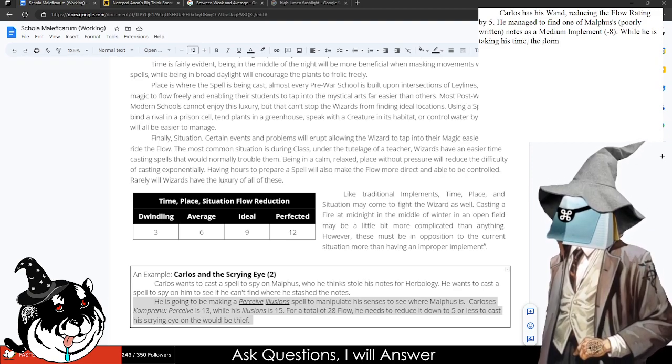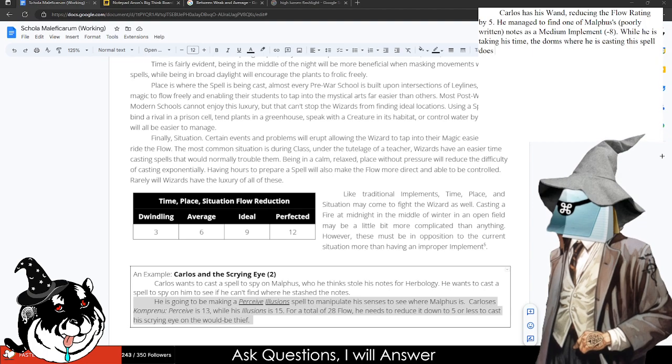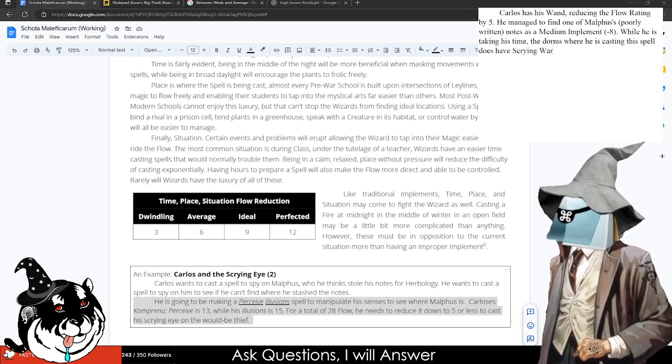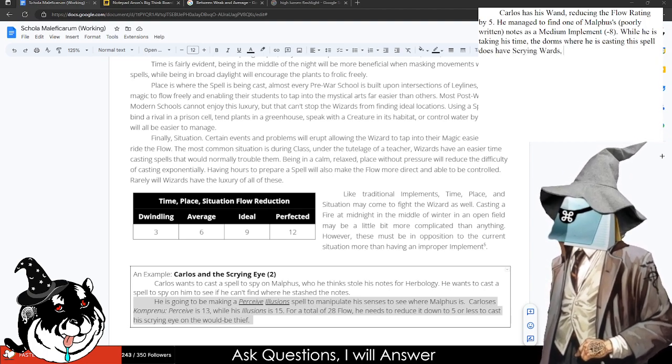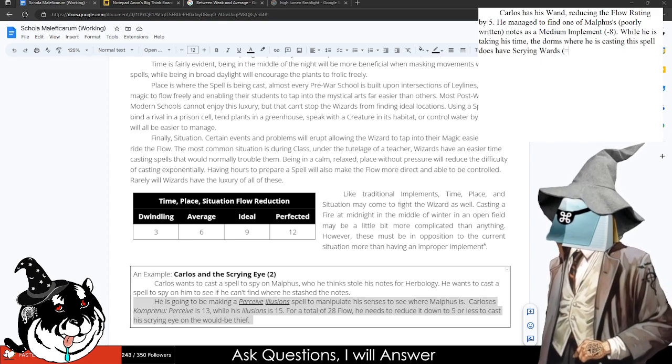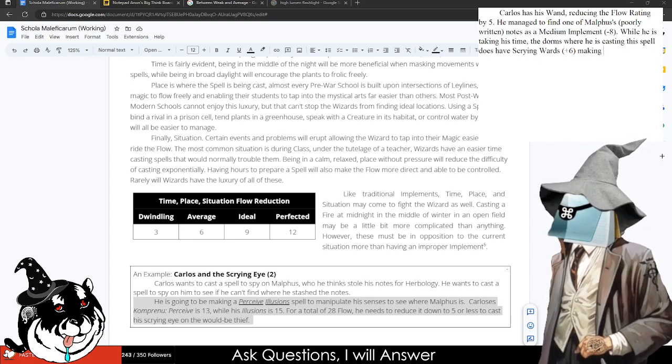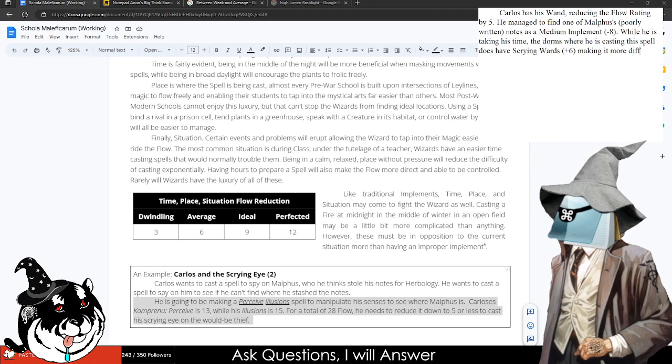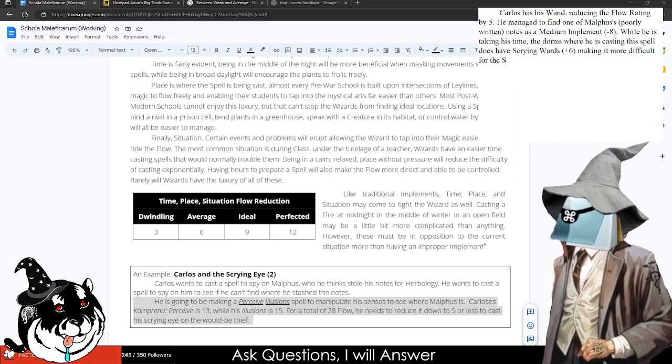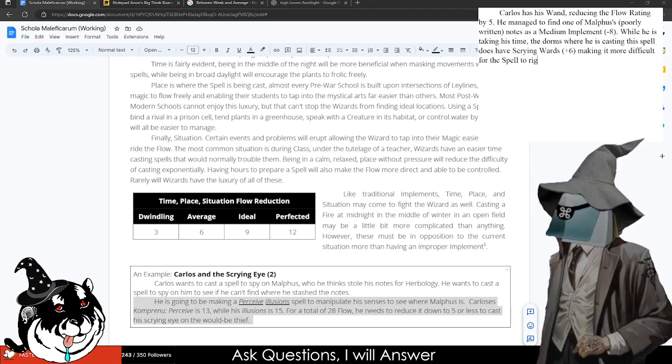The dorms where he is casting this spell do have scrying wards, scrying wards +6, making it more difficult for the spell to register.